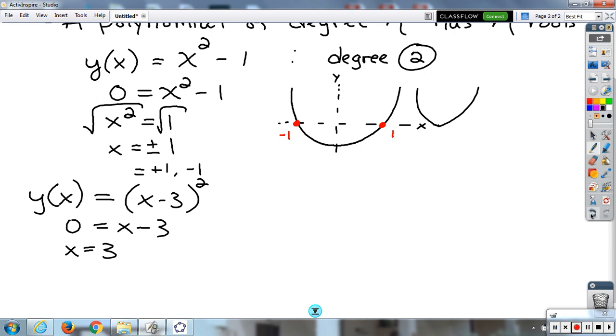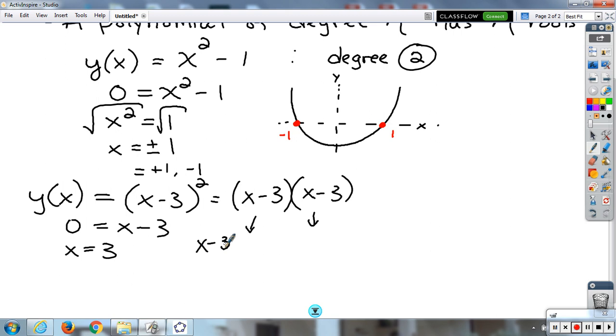But in fact, what the theorem of algebra would say about this example is that you could break this function up into the two factors like this and set each of these up independently equal to 0.